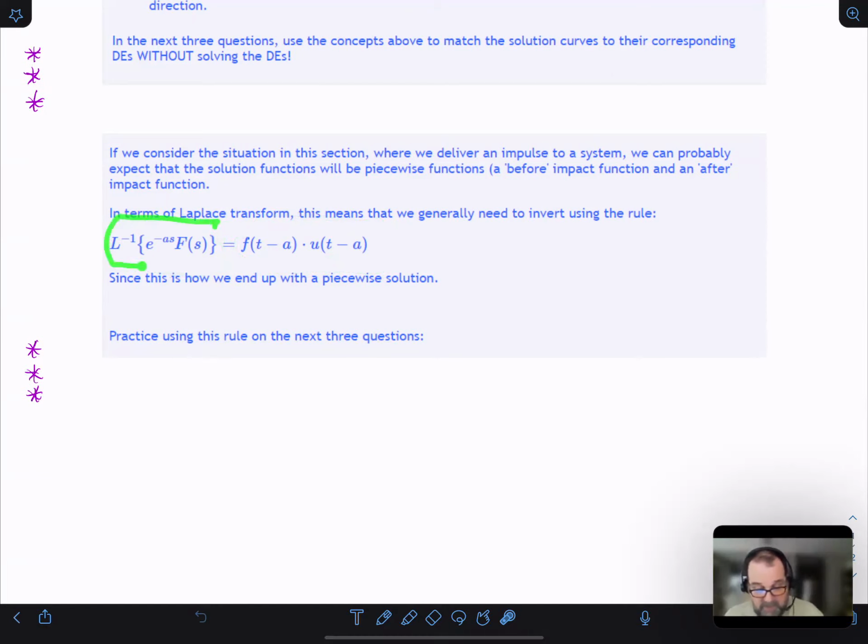So we have talked about, so you might want to go look back, but we have talked about how to invert. This is the second translation theorem, the first part of the theorem. This is the one that's convenient for inverting. So you want to practice inverting this sort of thing.